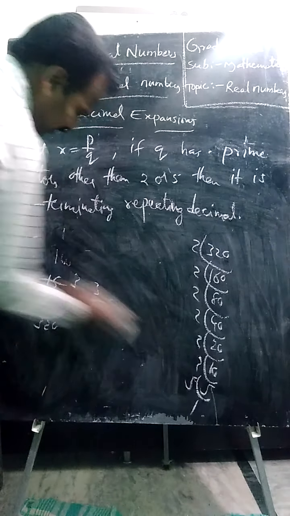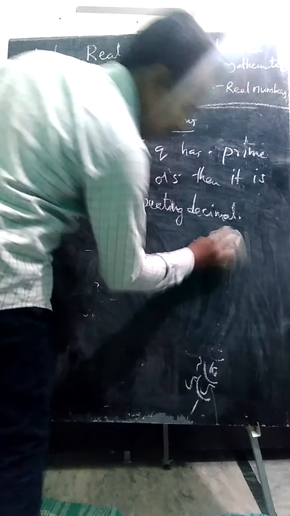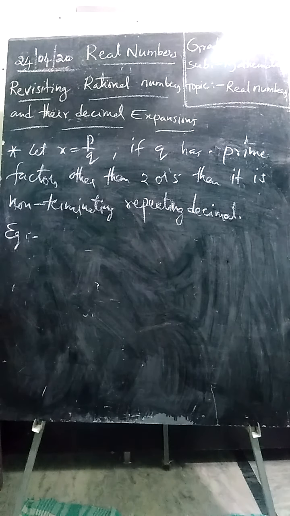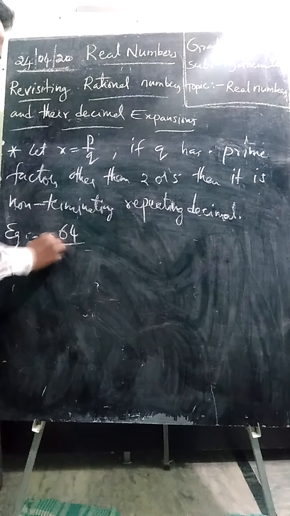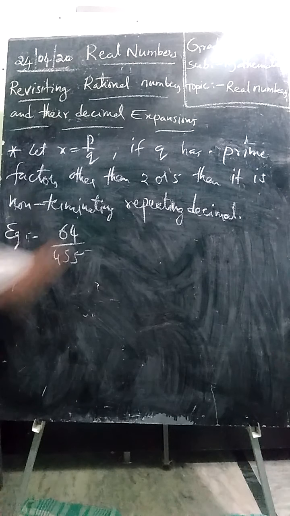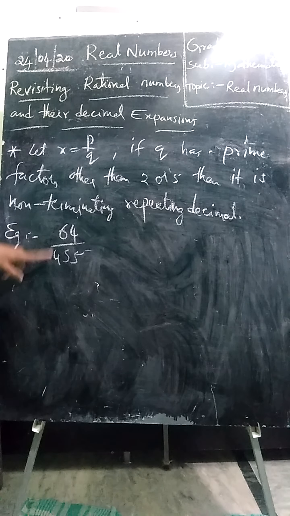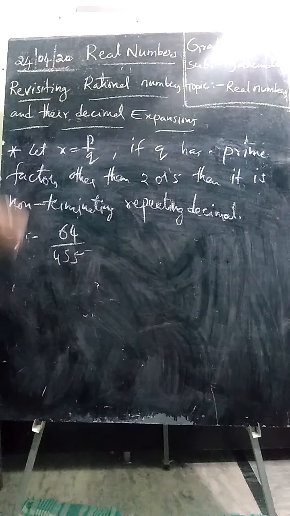Let us take one counter example for proving non-terminating repeating also. Let us take 64 by 455. Let me check, is it the lowest form of this fraction? 64 and 455 don't have any common factors.